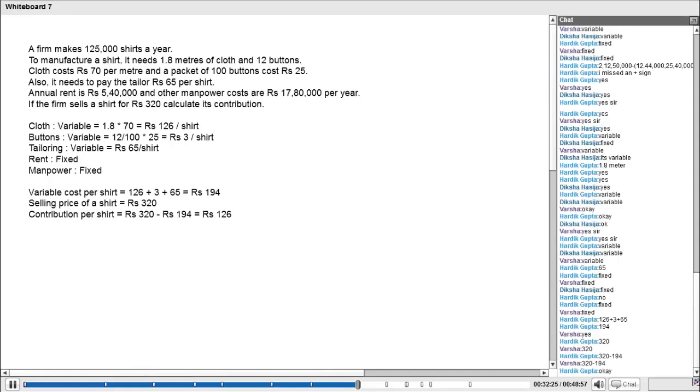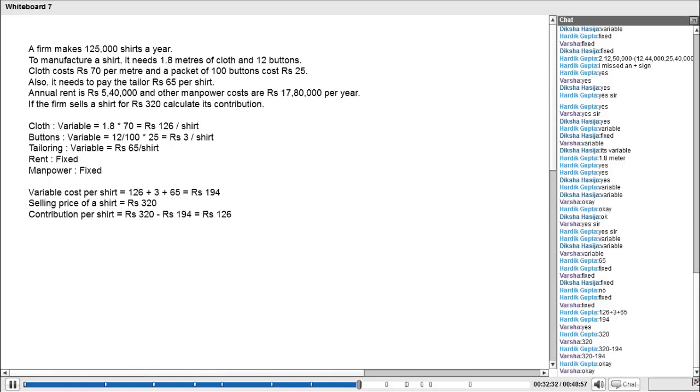Yeah, but sir, 194 were the variable costs for a shirt. So we calculated that the variable cost for a shirt here is 194. So the contribution per shirt is its selling price minus its variable costs, similar to the concept of contribution for an organization, which is rupees 126.